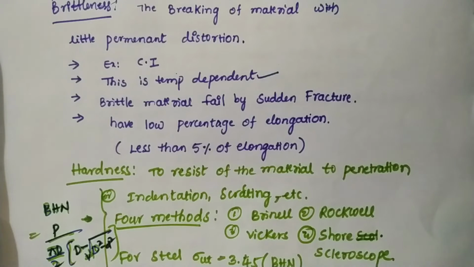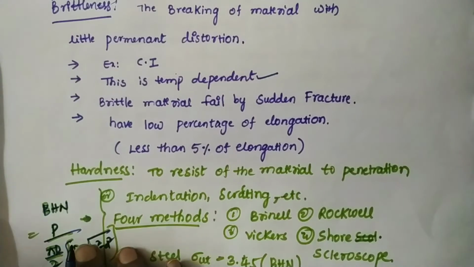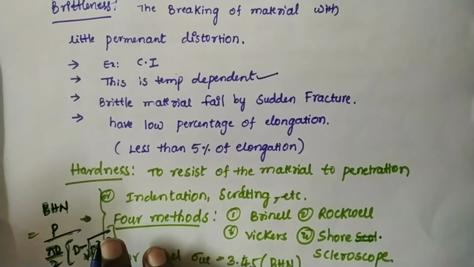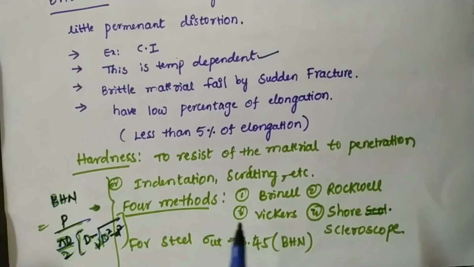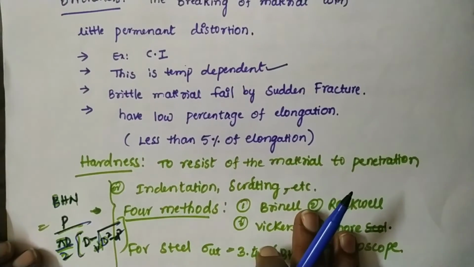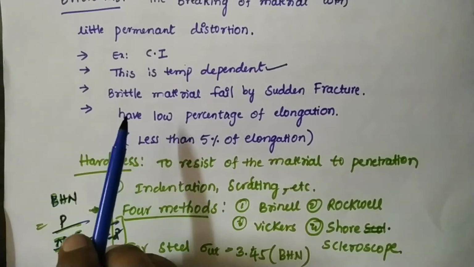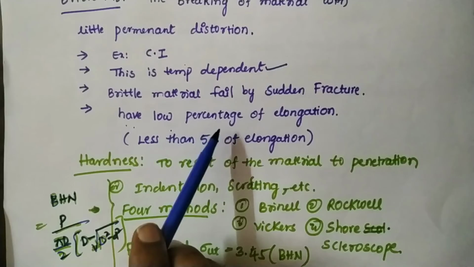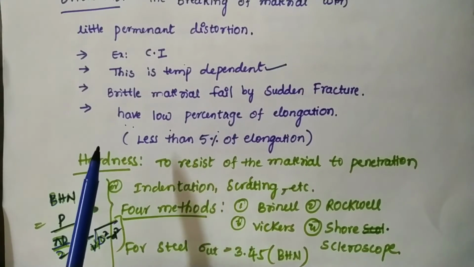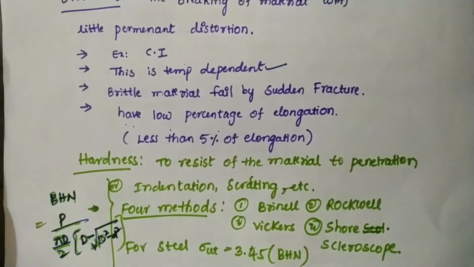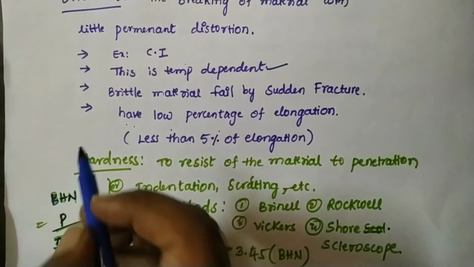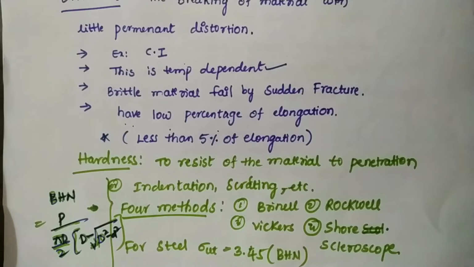In case of ductile materials there are some stages: proportional limit, then elastic limit, plastic limit, upper yield limit, lower yield limit, then it reaches the ultimate strength point, then finally the material breaks. But brittle materials fail by sudden fracture. Brittle materials have a low percentage of elongation, that means less than 5% elongation. This is also very important for competitive examinations.